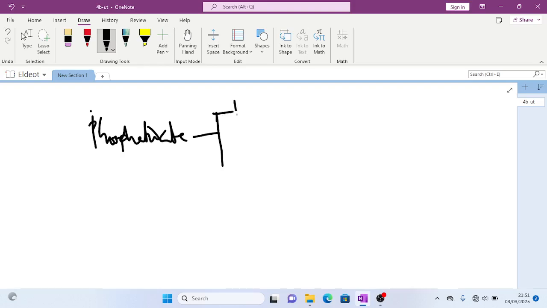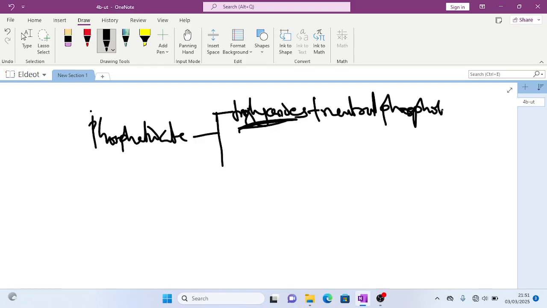We have triglycerides, which is actually a form of lipid, triglycerides and neutral phospholipid. Okay, these are not precursors, these are just lipids. And also phosphatidate can be used to form acidic phospholipid.